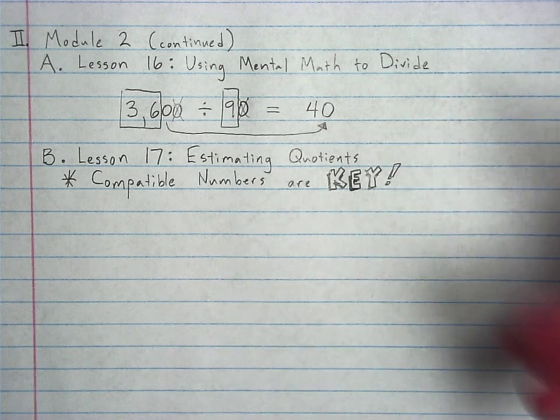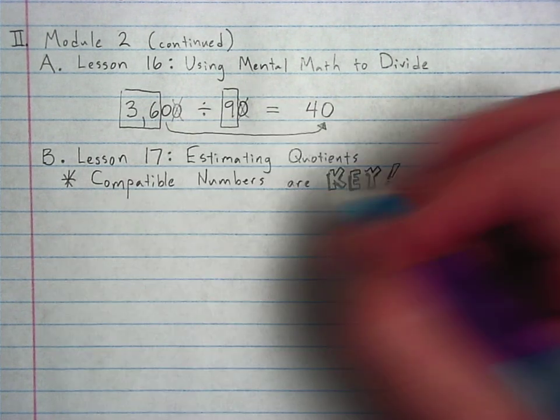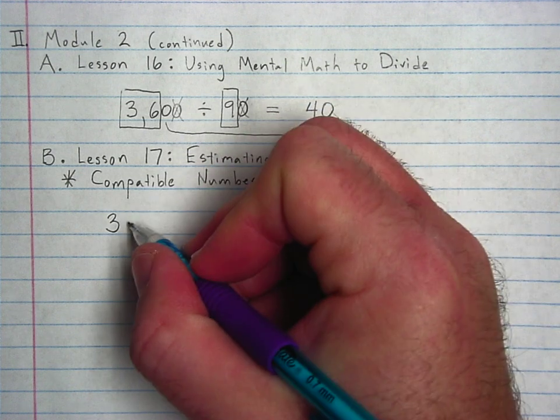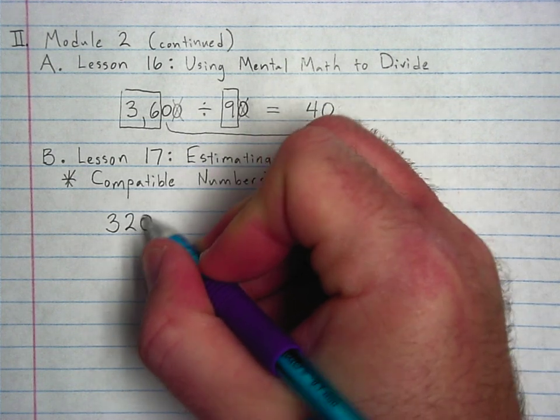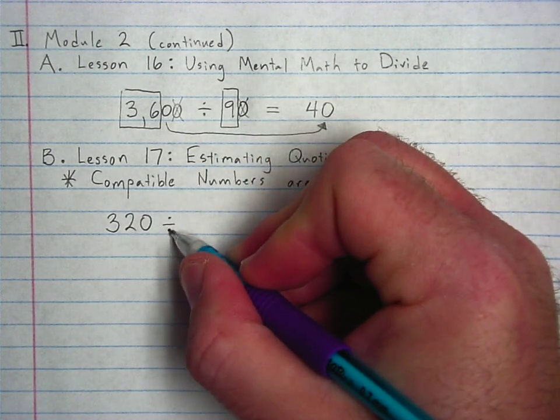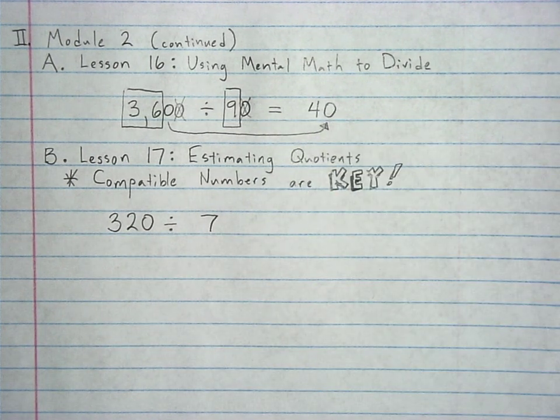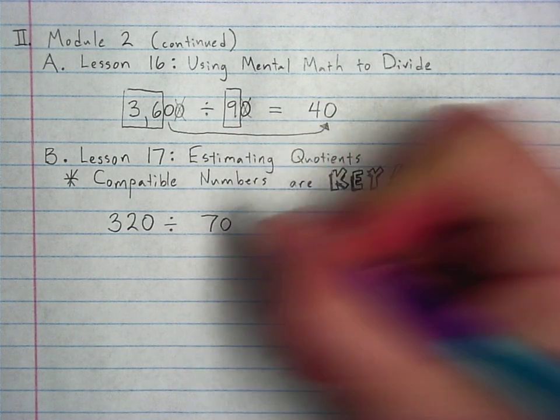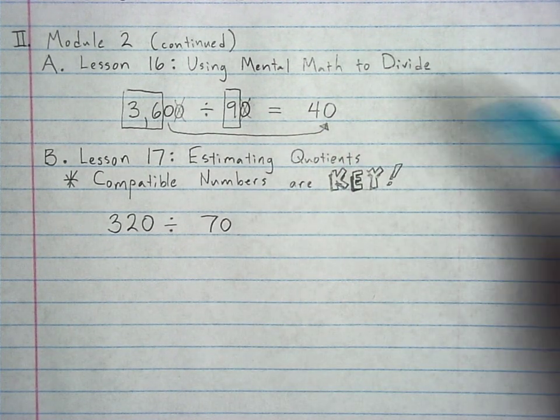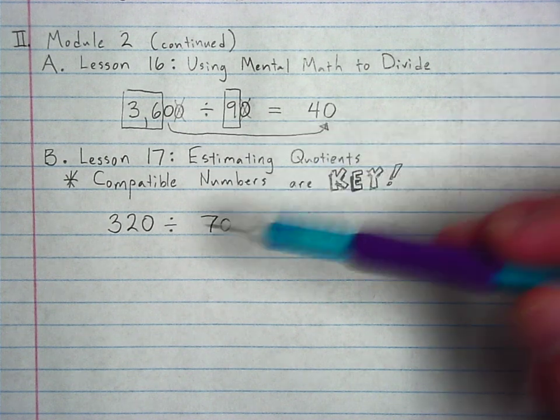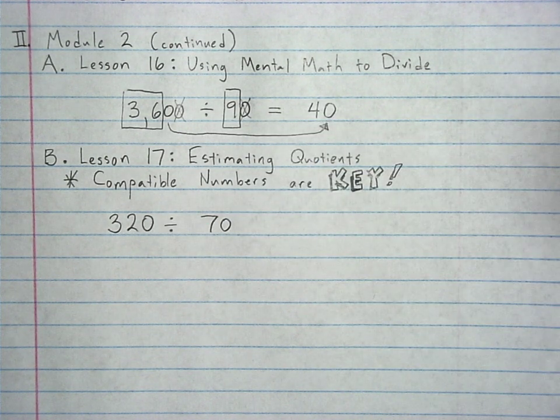What happens is this. I may give you something, let's say 320 divided by 7. Actually, let's make it 70 so we can see what's going on just like we did up here. Okay? 320 divided by 70.